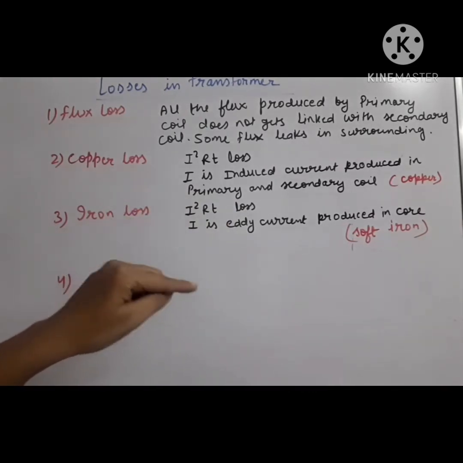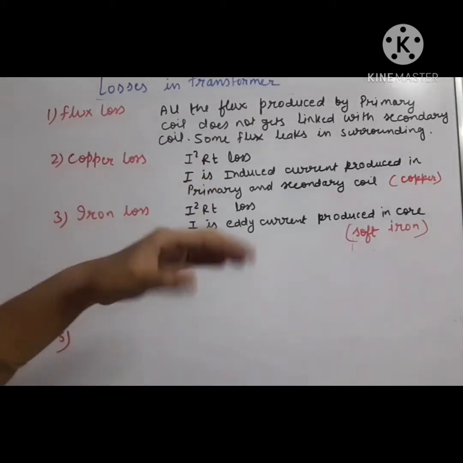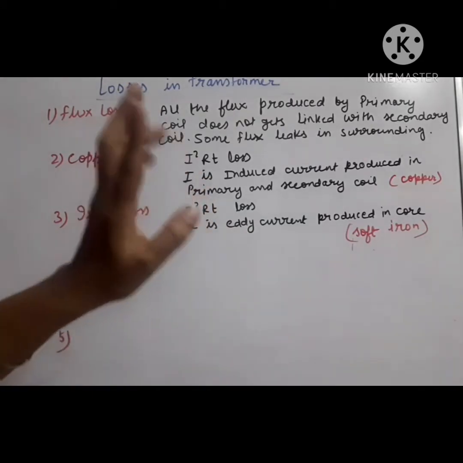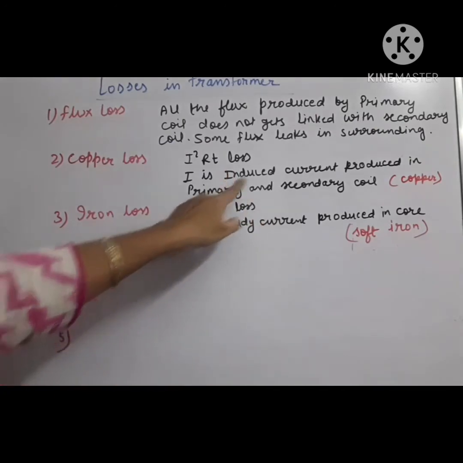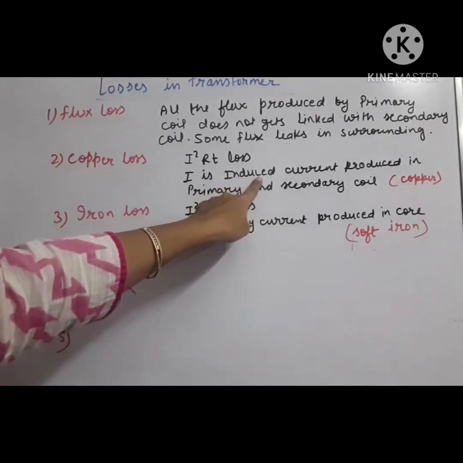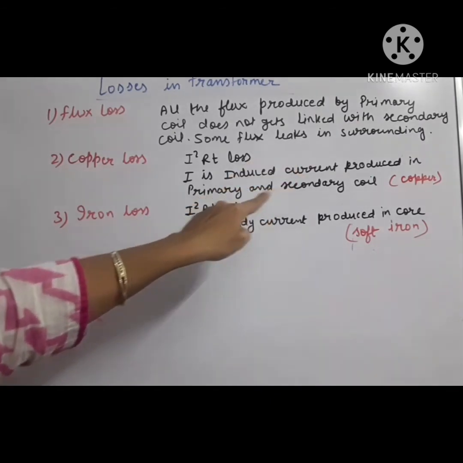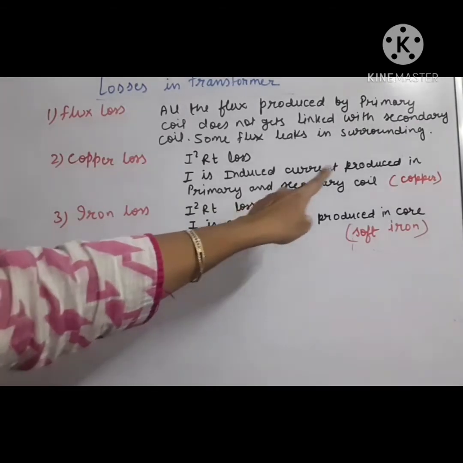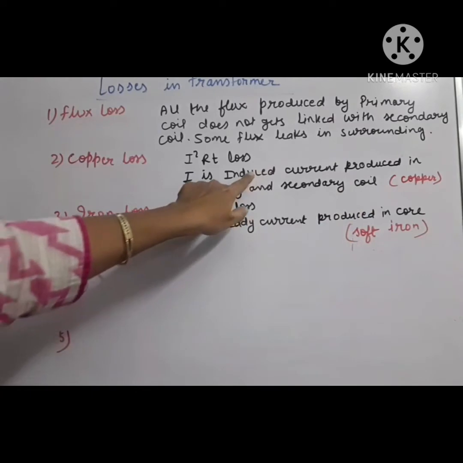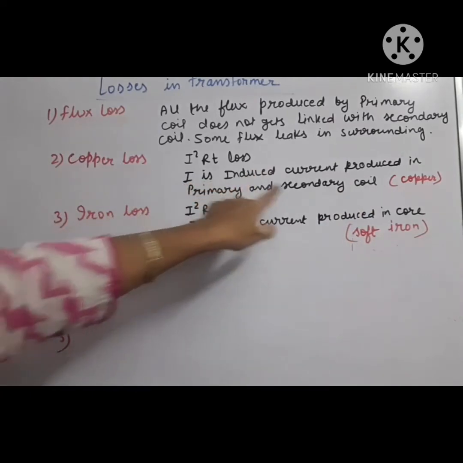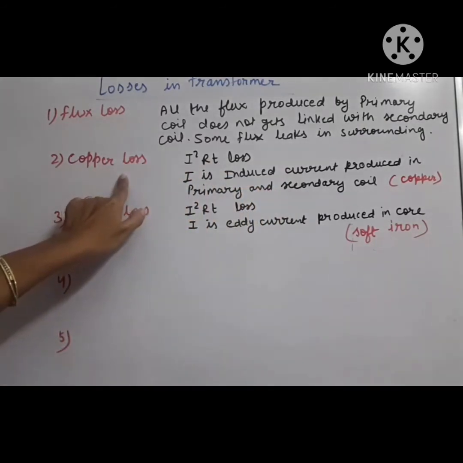In the transformer, primary and secondary coils are 2 coils, and induced current is flowing in them. Since the induced currents are flowing in primary and secondary coils, which are generally made up of copper, whatever loss takes place due to this current flow in the copper coils, we call copper loss.